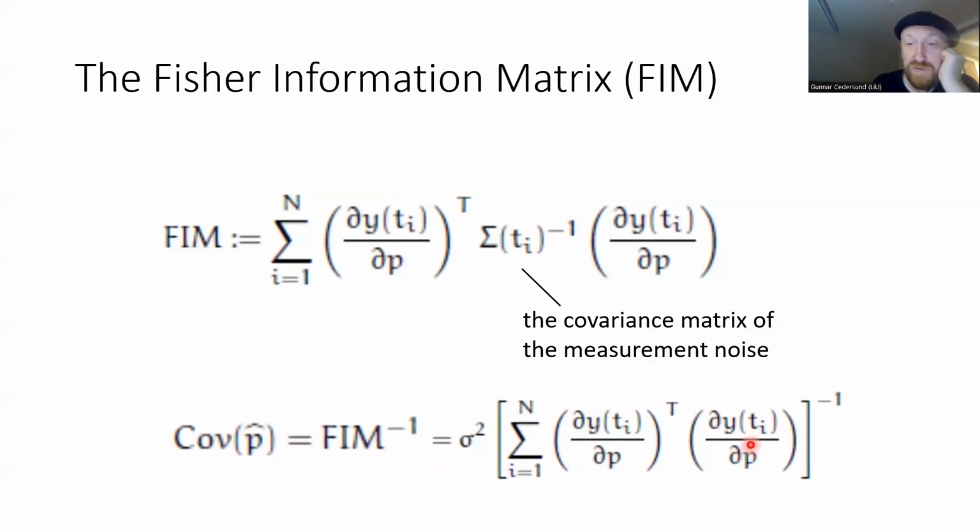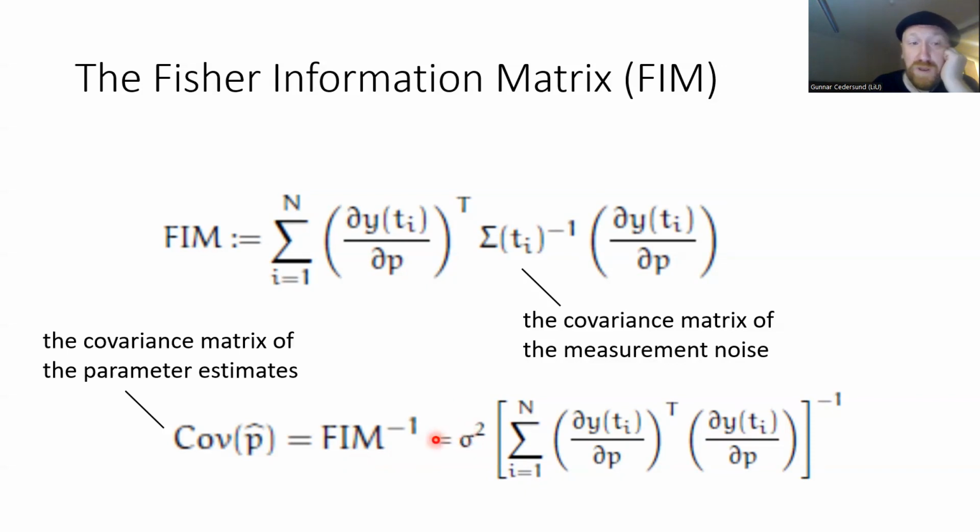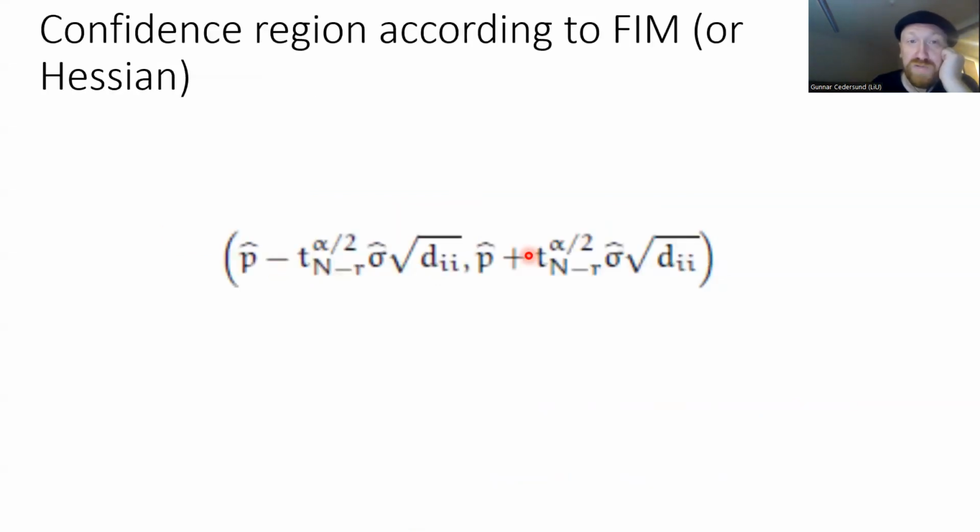So you just have this thing here and you take the inverse of that. And the calculation of the covariance matrix, how the parameters depend on each other and on themselves, so how well determined they are, becomes this simple formula if the noise is always the same for all time points, which it often is.